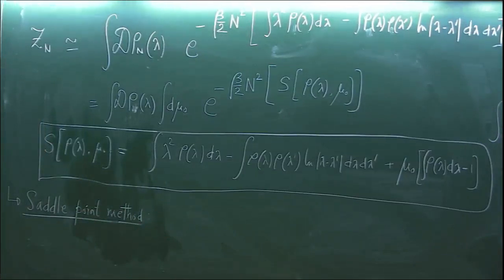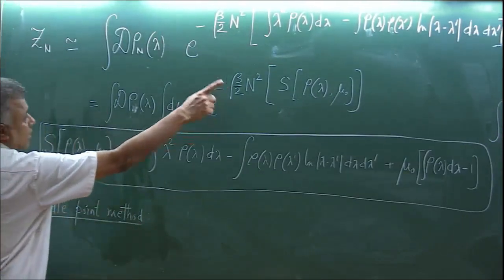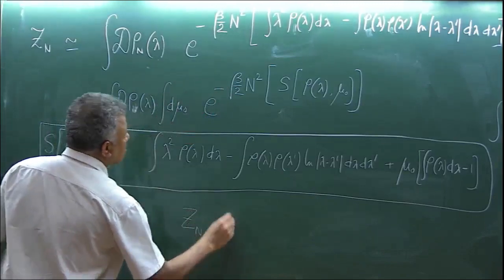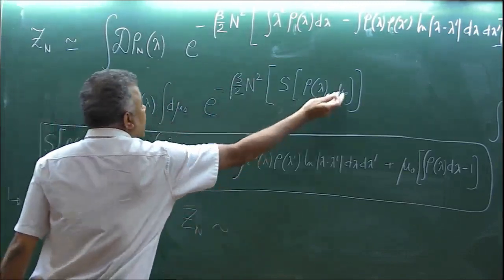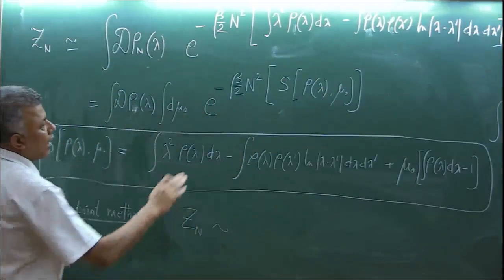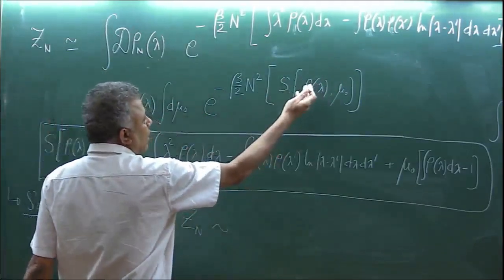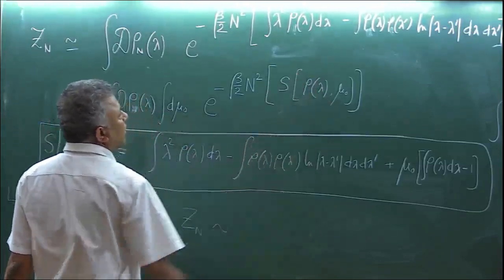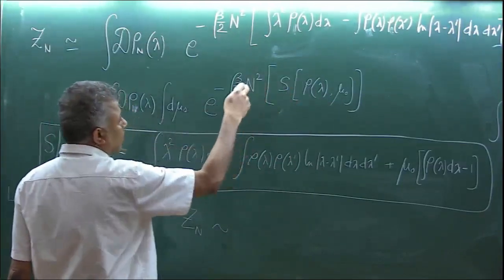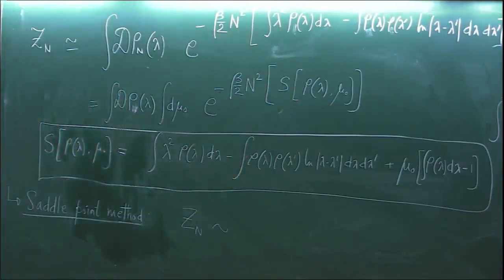All that says is that for large n, you look at all possible densities and mu naught, and the one which has the lowest amount of energy or action is what is going to contribute, because all the other terms which are higher than that will be very, very tiny.